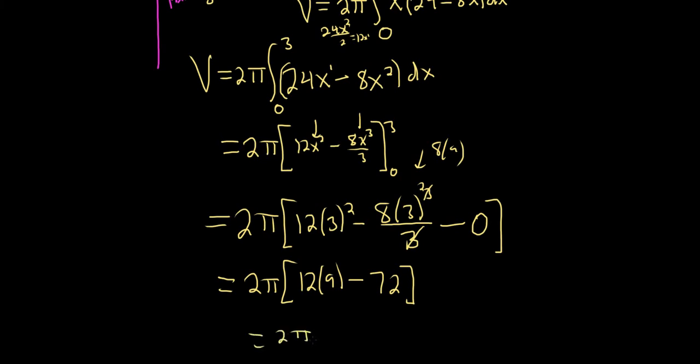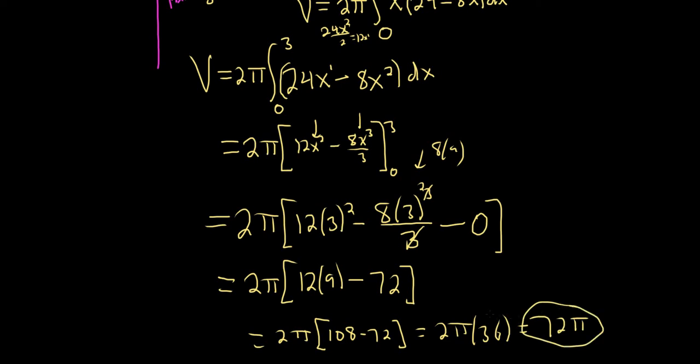So let's see, 9 times 10 is 90, 9 times 2 is 18. Those add to 108, minus 72. And 108 minus 72 is going to give us 36. So this is 2 pi times 36. This will be 72 pi. And that should be the volume of the solid of revolution. That's it.